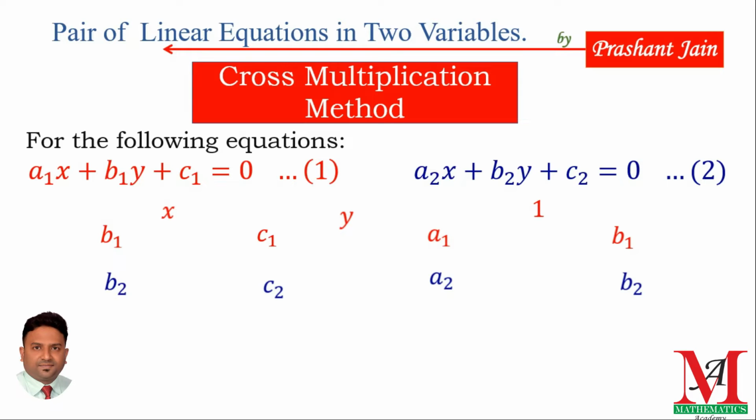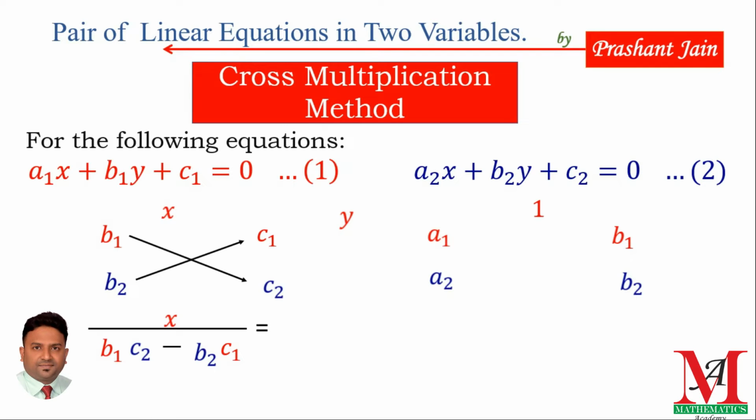To find the value of x, we write x first, put the divide sign, and multiply b1 with c2, giving b1 c2, minus b2 multiplied with c1, giving b2 c1.